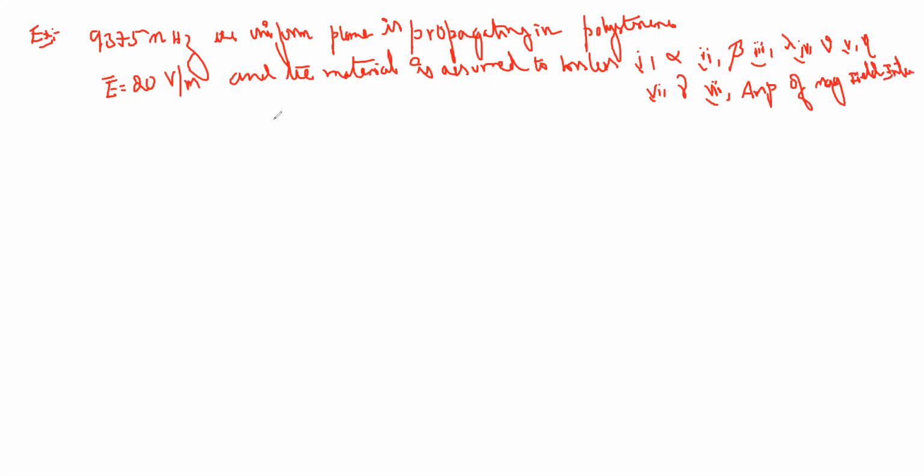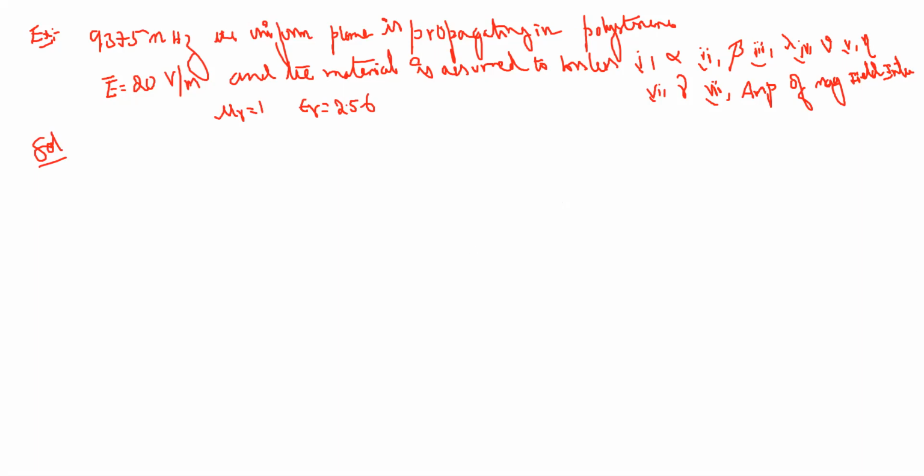Okay. For that, the given mu r for polystyrene is equal to 1 and epsilon r is equal to 2.56. Now you can do it by using this given data. The frequency is given, 9375 megahertz, uniform plane wave propagated in polystyrene.